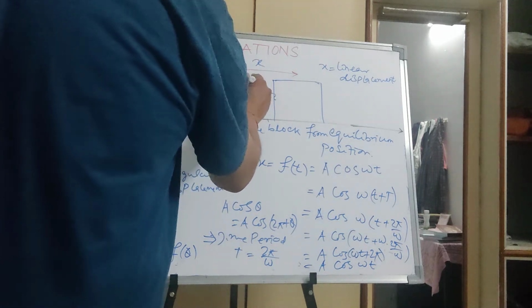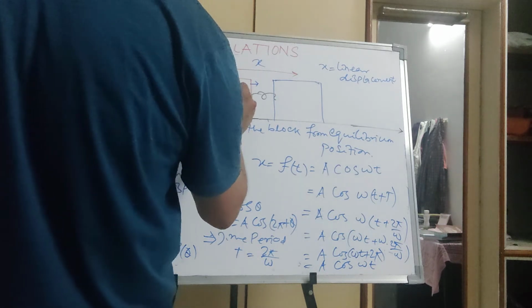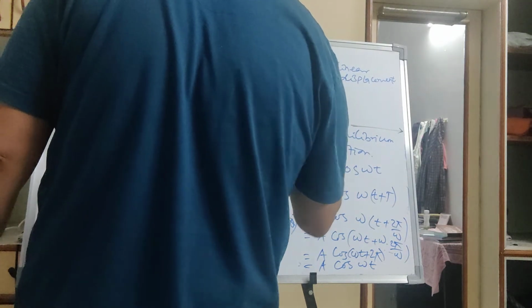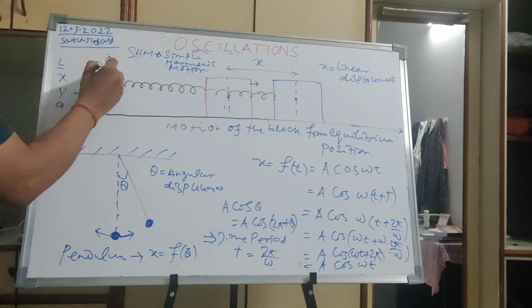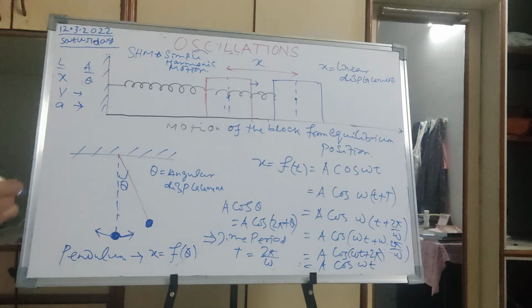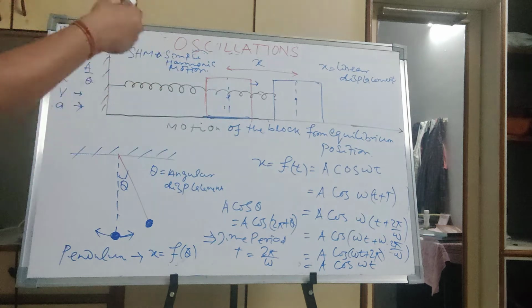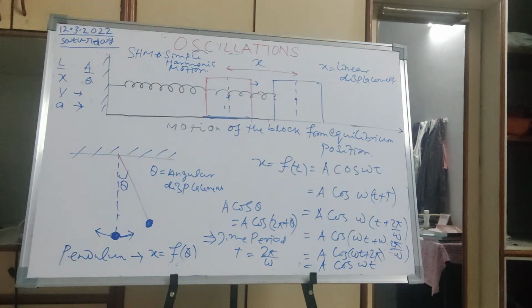Initially the center of the mass is here, and finally the center of this mass is here. The contact between this mass and the ground, if you consider it to be a frictionless ideal surface, then only it will become a simple harmonic motion.